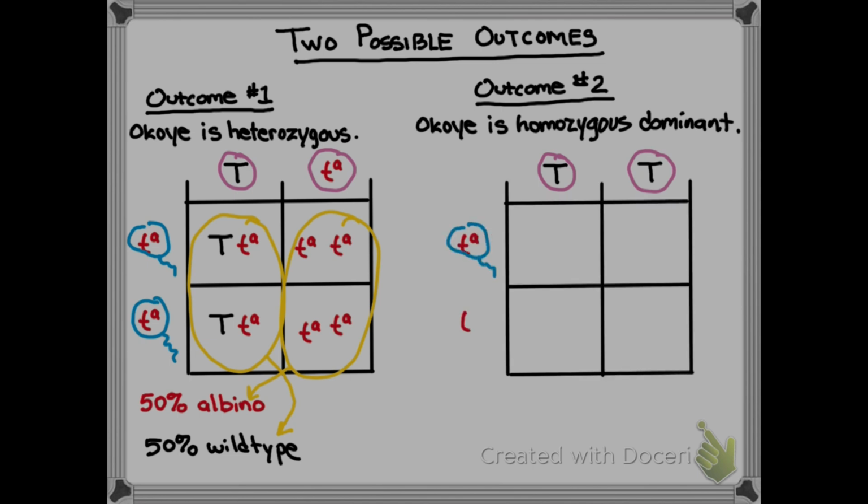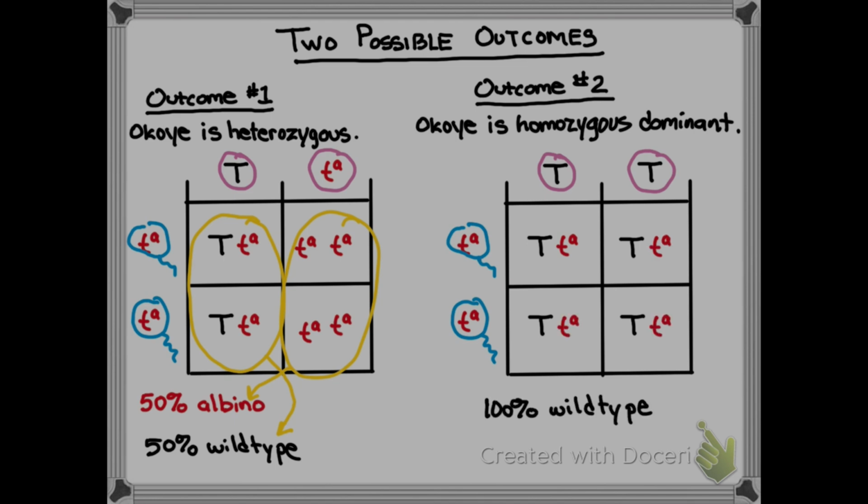And when she's paired with Mr. Pickles, who can only form recessive alleles for his gametes, then what we see is all of the individuals will have a heterozygous genotype, and thus have a wild type phenotype.